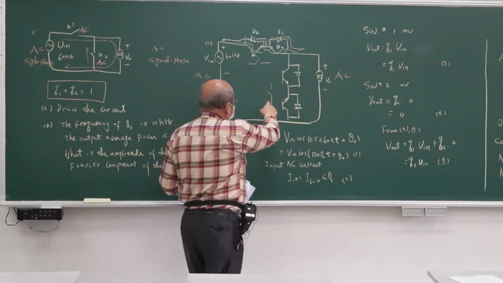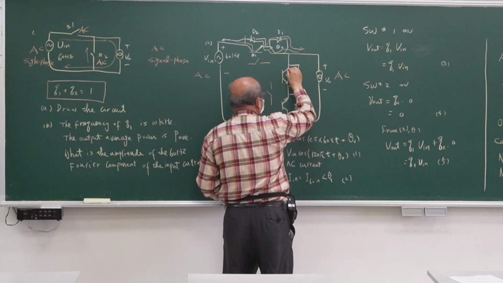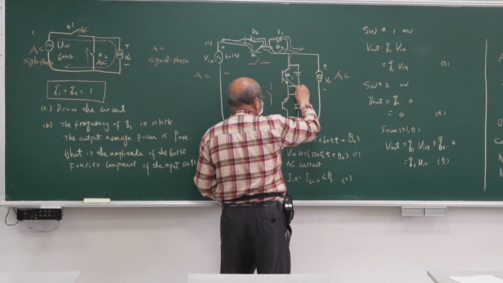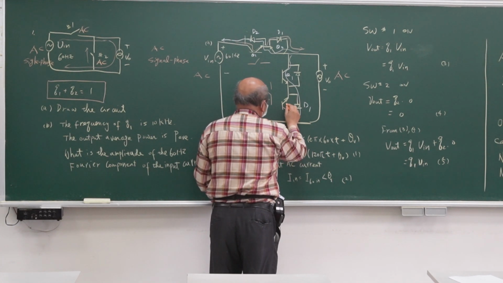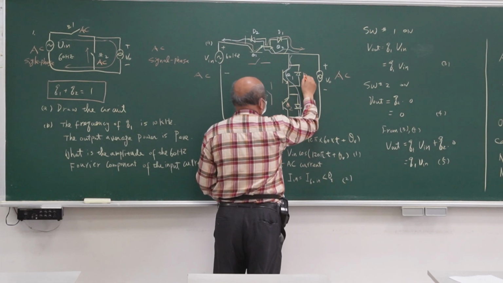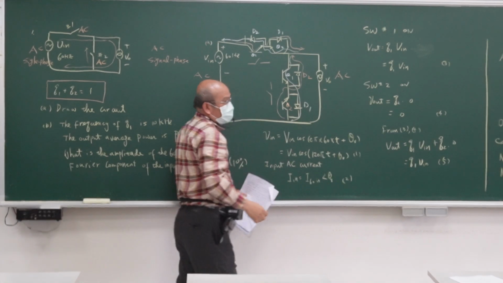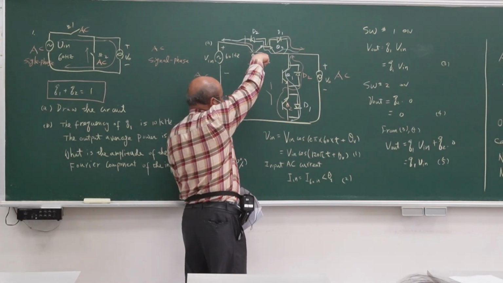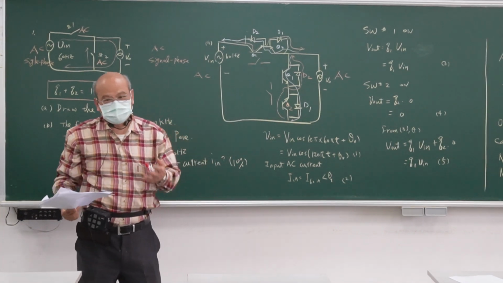And if we check this one, if Q1 and T1 turn on, we can go this way. If Q2 and T2 turn on, we can go this way. So the current can go this way or this way, and we call it an AC switch.